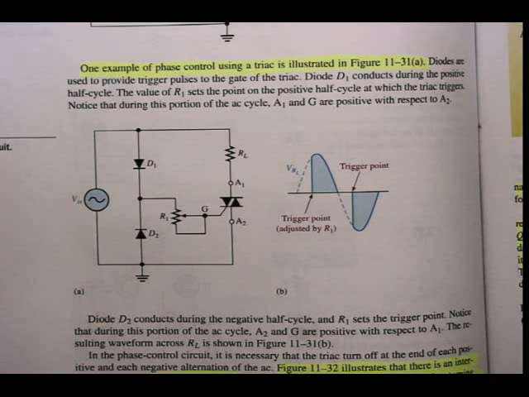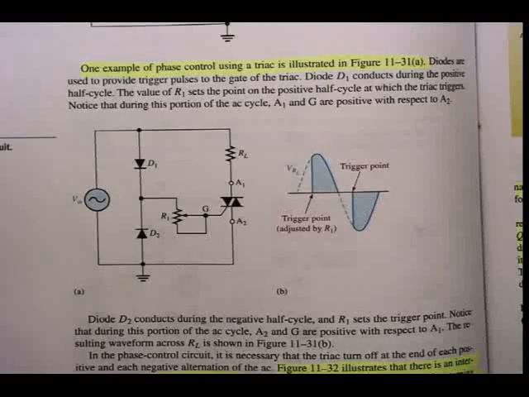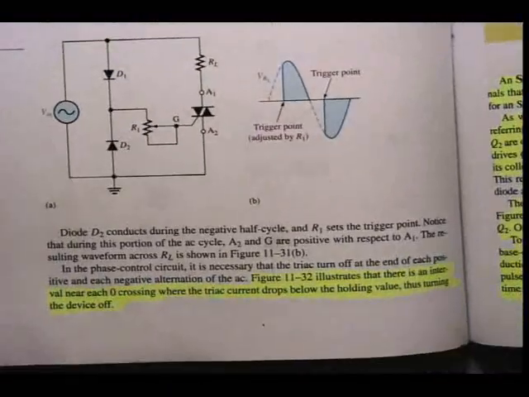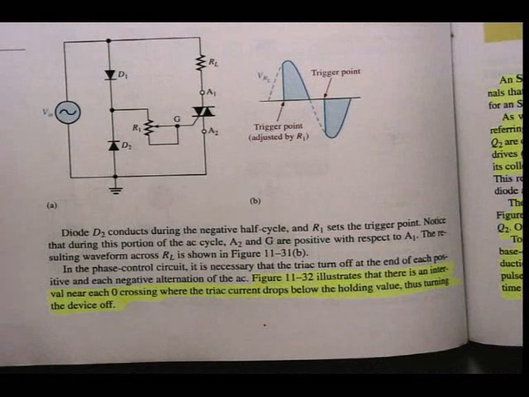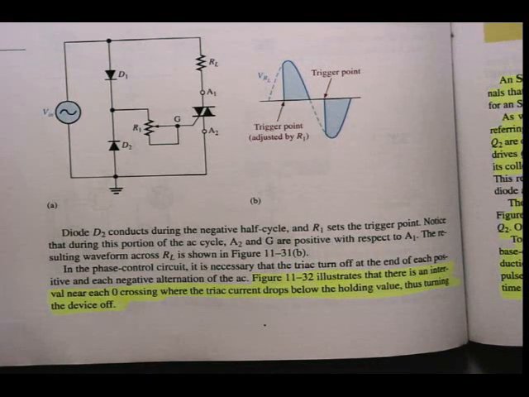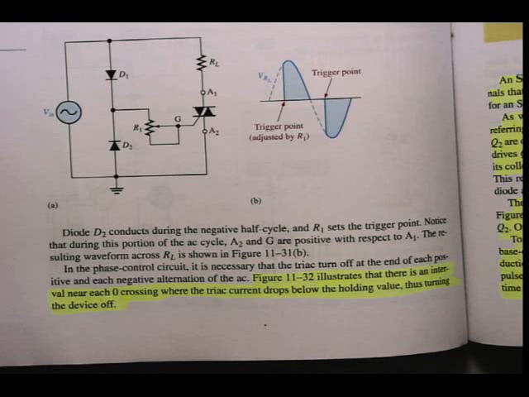Notice that during this portion of the AC cycle, A1 and G are positive with respect to A2. And then of course diode D2 conducts during the negative half cycle. R1 sets the trigger point. Notice that during this portion of the AC cycle, A2 and G are positive with respect to A1. And then of course the resulting waveform, as we've seen in the previous figure as well.